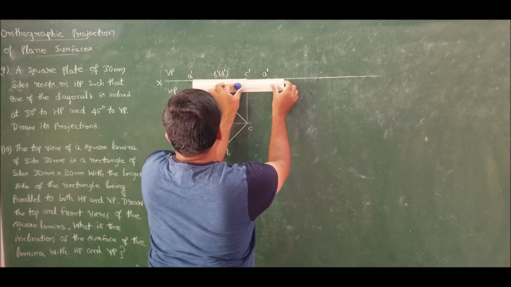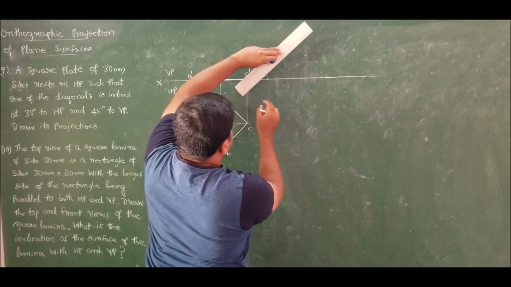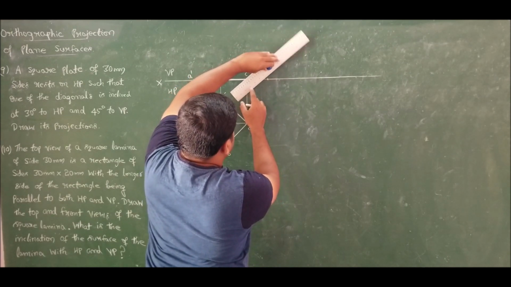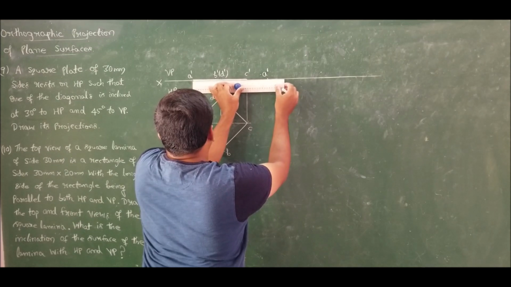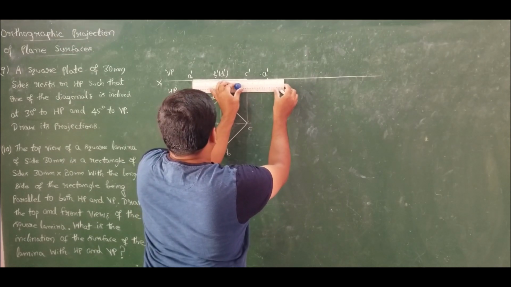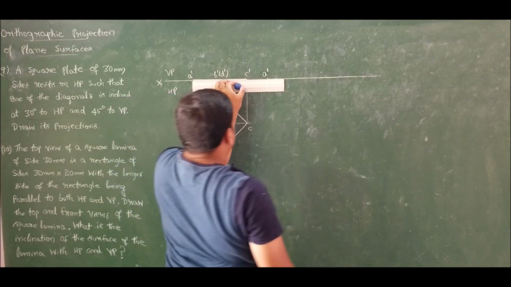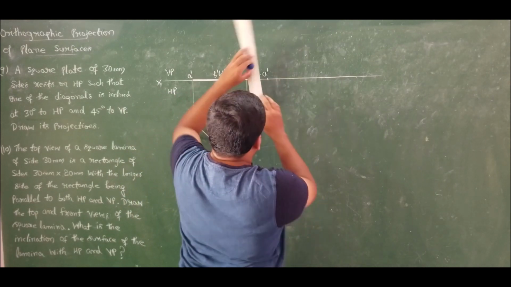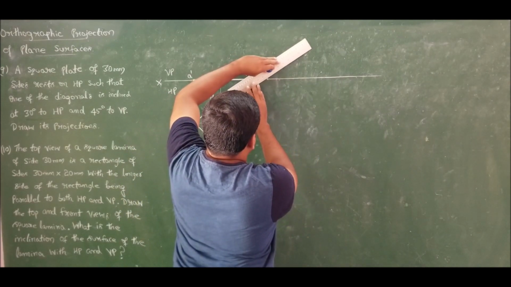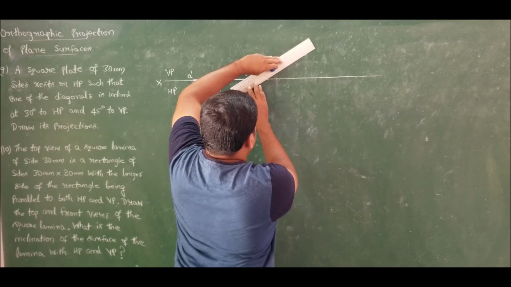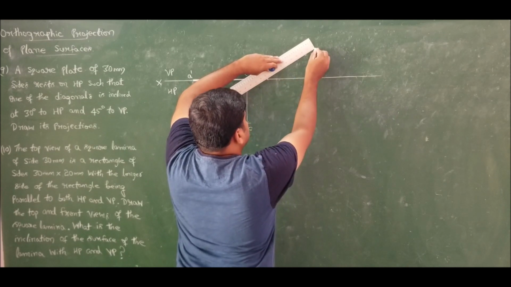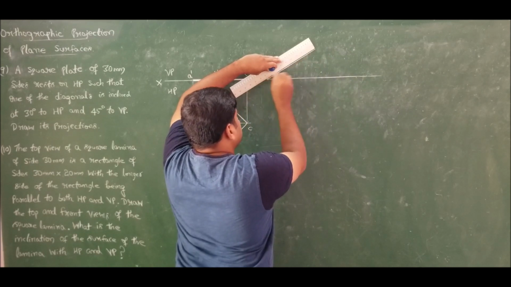I am getting 90 mm as the diagonal, that is 90 means 45. I am getting 45 mm as the diagonal. So transfer this 45 mm here, at an angle of 30 degrees to HP.